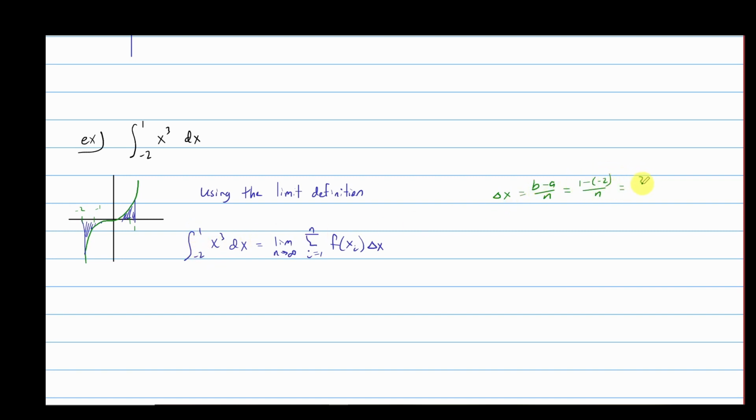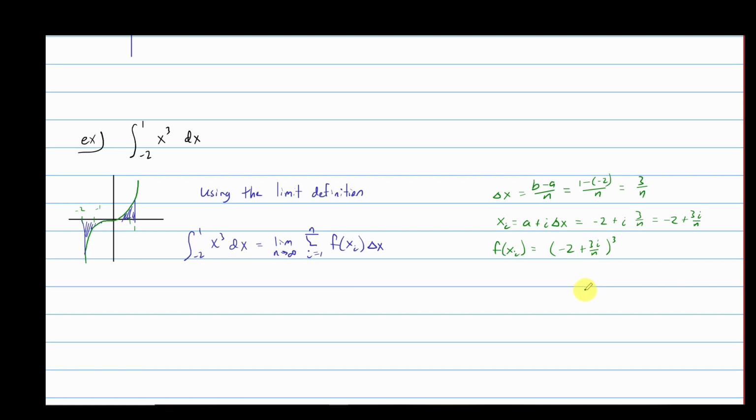So 1 minus -2 is 3. The formula for xi is a plus i delta x. A is -2, so I have -2 plus i times 3 over n, which is -2 plus 3i over n. So f of xi is (-2 plus 3i over n) cubed.